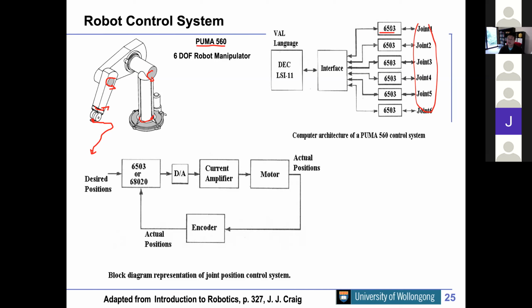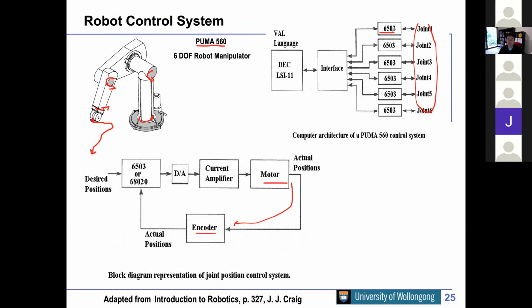Each one of these computers will get the motor output as feedback. At each joint, you have an encoder to measure the actual motor position and send that information to the microcontroller. The main computer tells each microcontroller where this joint should go.